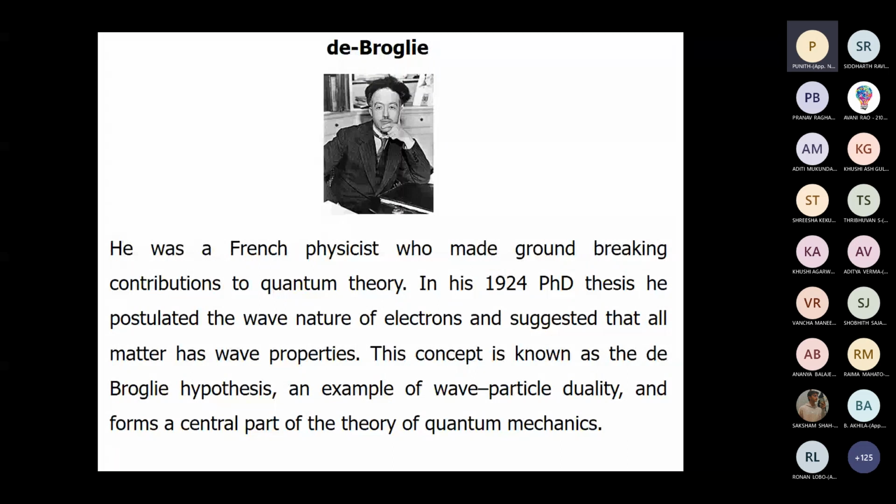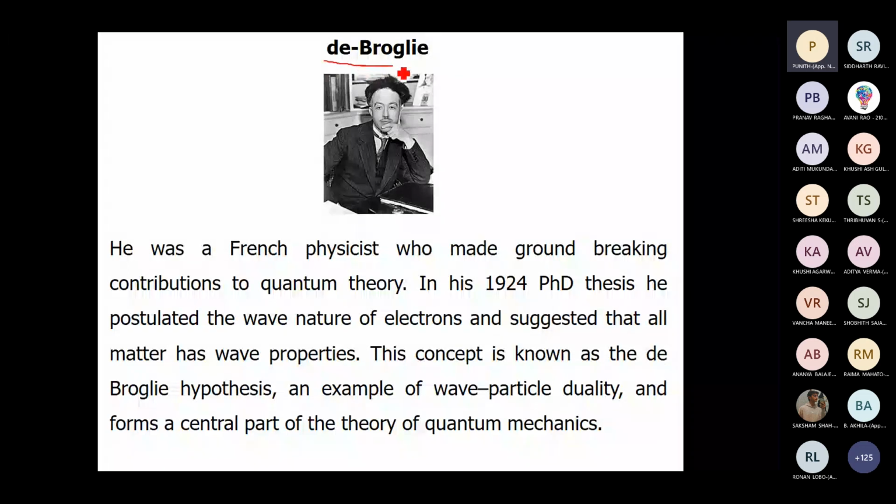He made a groundbreaking contribution to the world of quantum. His thesis in 1924, which involves the wave nature of electrons, suggests that all matter has wave properties. This concept is known as the de Broglie hypothesis, an example of wave-particle duality, and it forms the central part of quantum mechanics.